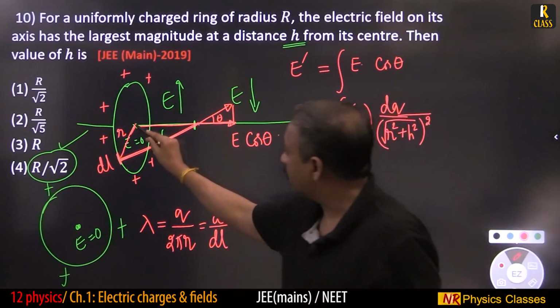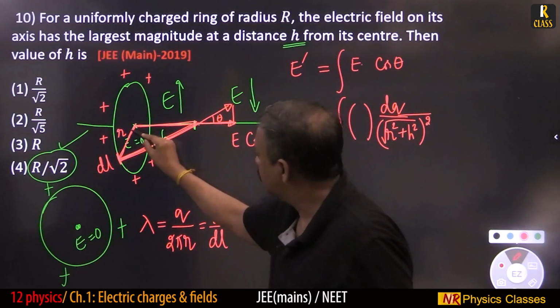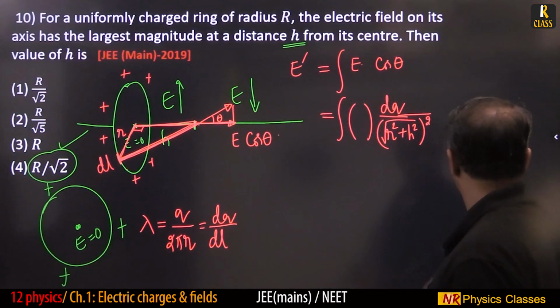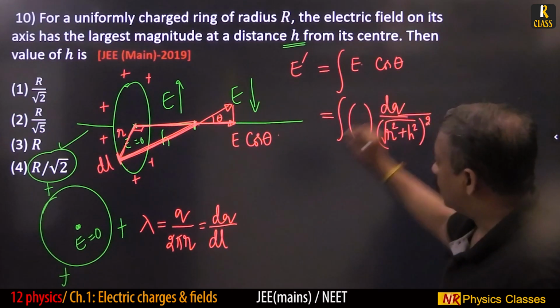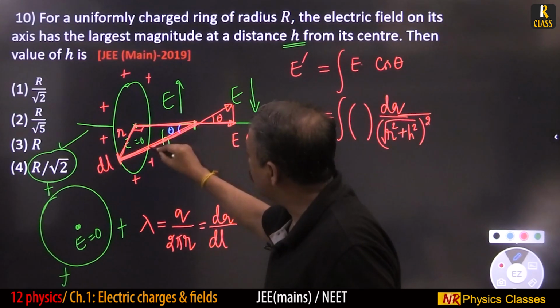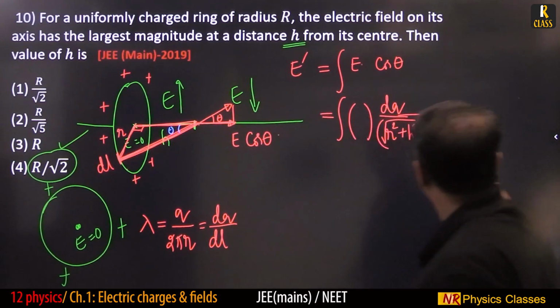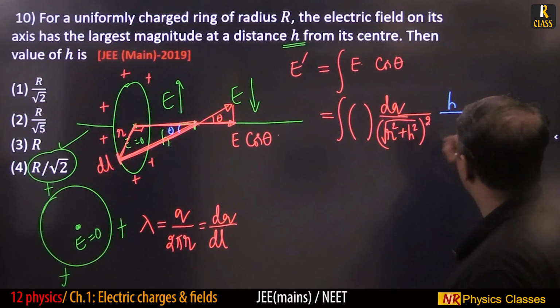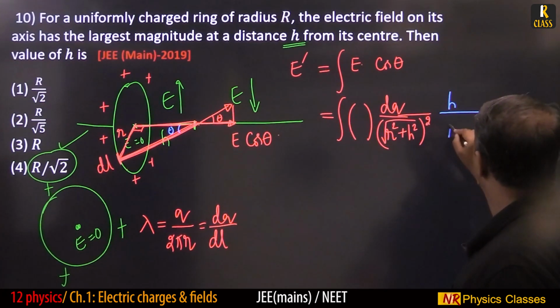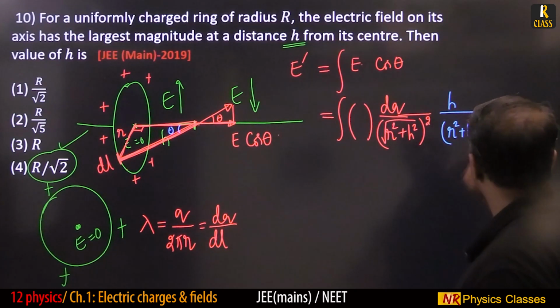So this is actually a right angle triangle, right? And this angle is 90 degree. Good. Cos theta, if this is theta, is adjacent side by hypotenuse. Adjacent side is h, and the hypotenuse is again root of r square plus h square, whole to the power of half.